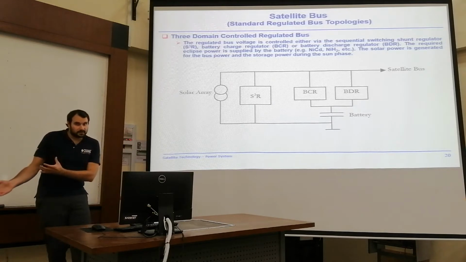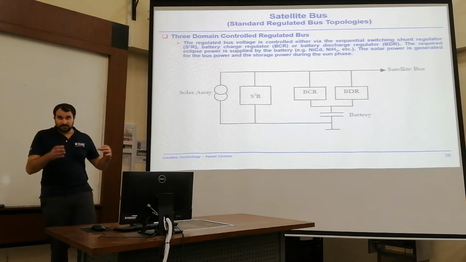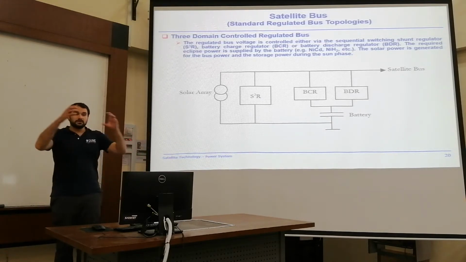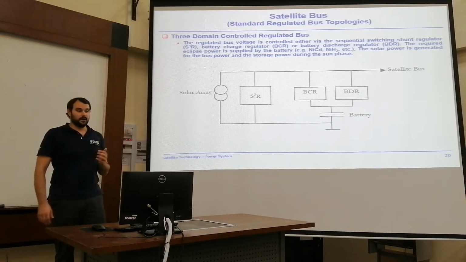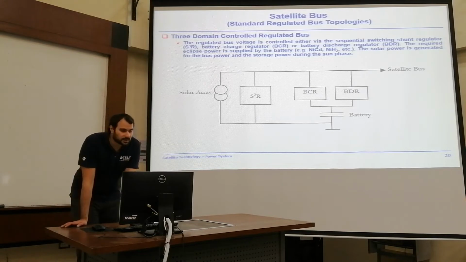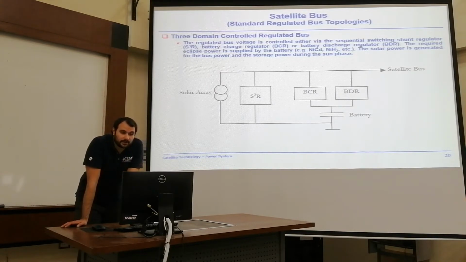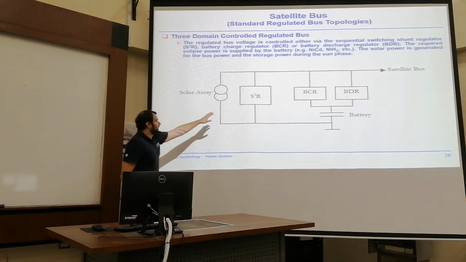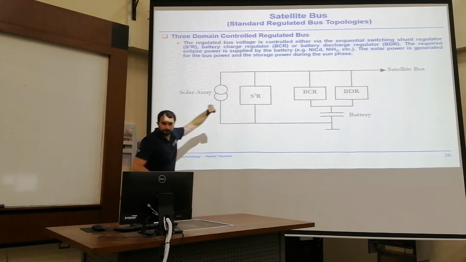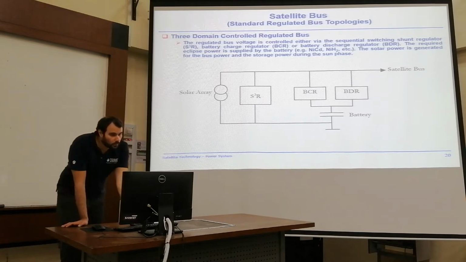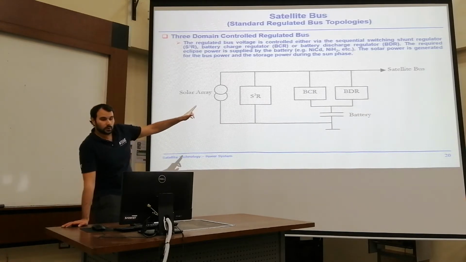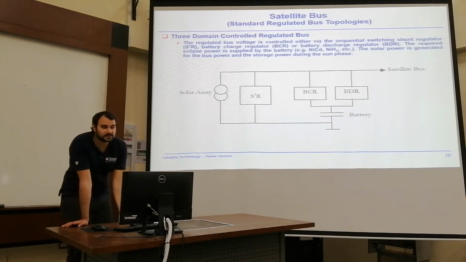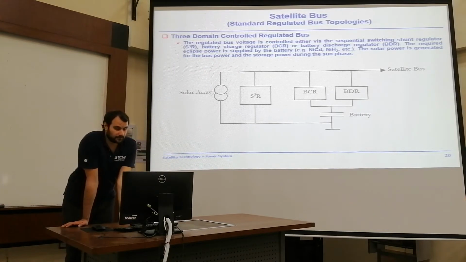for the regulated bus technology, you could use a 3-domain controlled regulated bus. That means that the regulated bus voltage is controlled either via the sequential switching shunt regulator, the S3R, a battery charge regulator, BCR, or a battery discharge regulator, BDR.